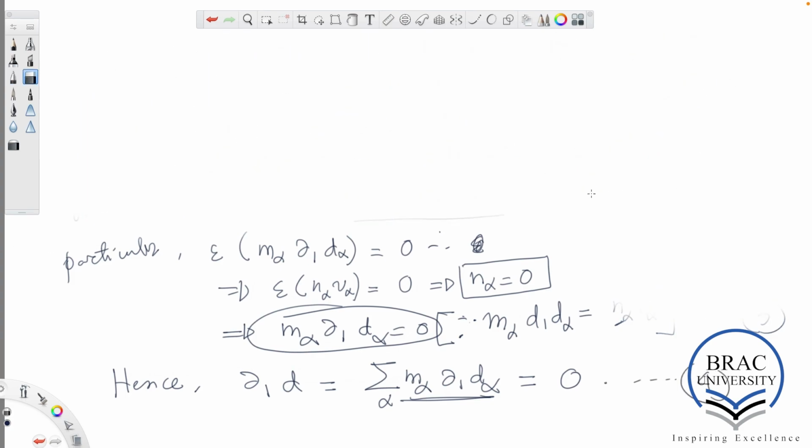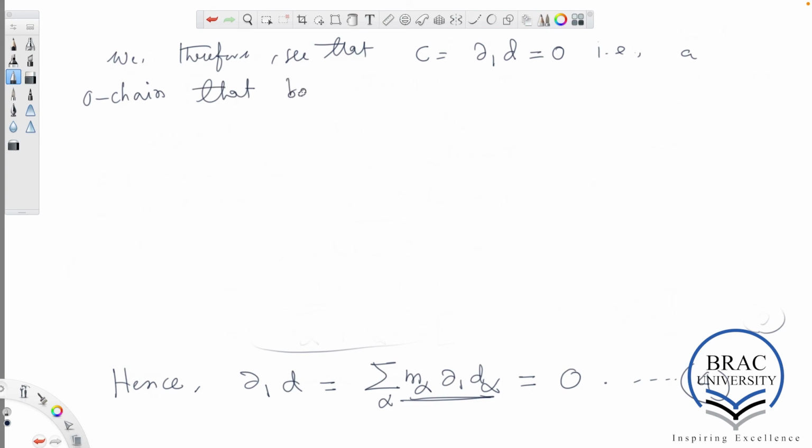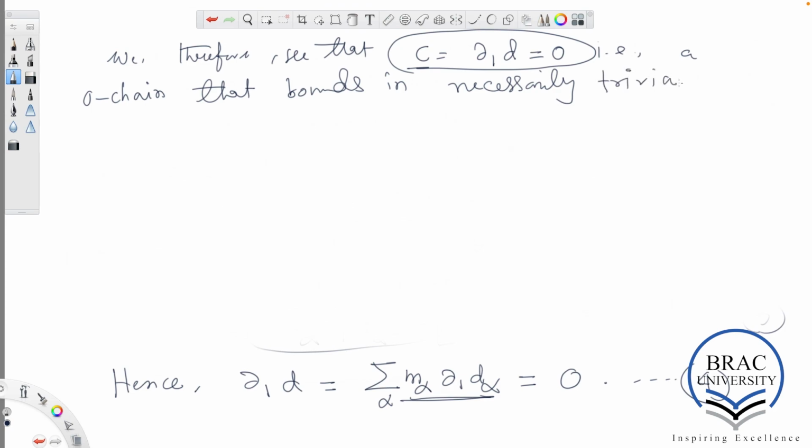So we therefore see that C is equal to delta 1 d is equal to 0. That is, a 0 chain that bounds is necessarily trivial. That is, the 0 boundary of the complex K is trivial.